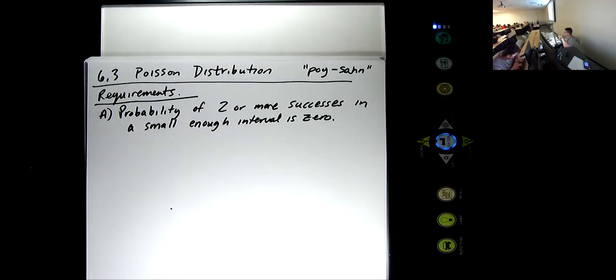So interval is like a distance, whether it's a length, like a physical distance, or a distance over time, like how many seconds have elapsed. The point is, it's got to get down to where it can't be more than 1. If you can get it small enough where it can happen at most once, like answering the phone. You can't possibly answer the phone more than once per second. It just takes time to answer, click, and have another call come in. There's no way to get it higher than once per second.